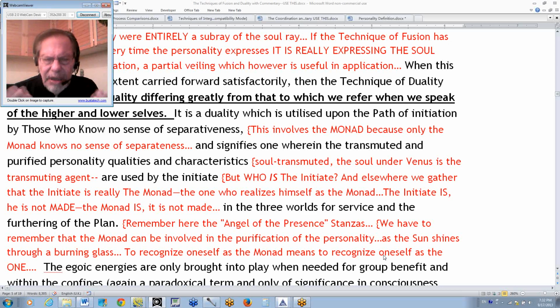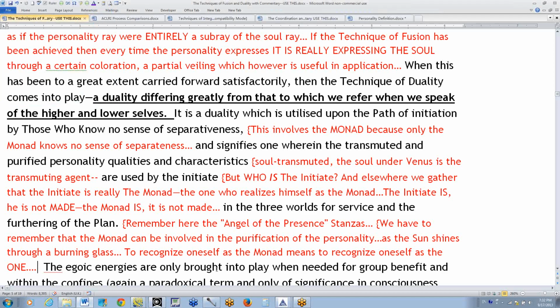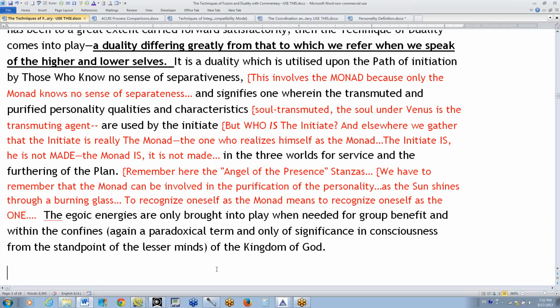And one can already begin to get a little taste of it once the divine will has overcome desire, or an aspect of will has overcome desire at the second degree. The egoic energies are only brought into play when needed for group benefit and within the confines, again a paradoxical term, and only of significance in consciousness from the standpoint of lesser minds, of the kingdom of God.